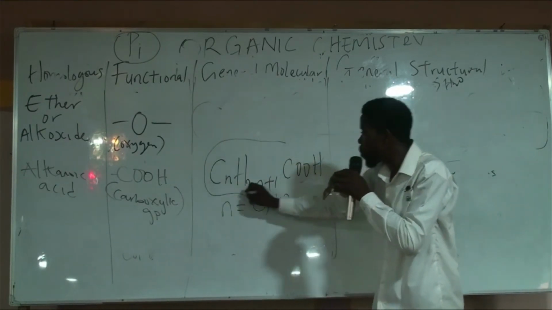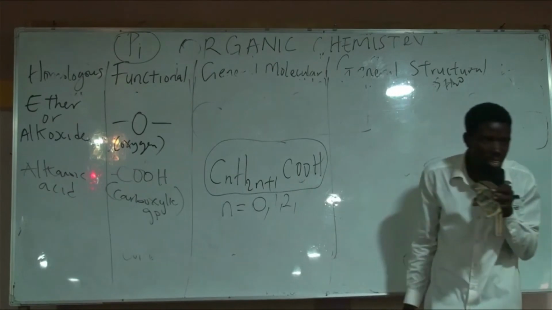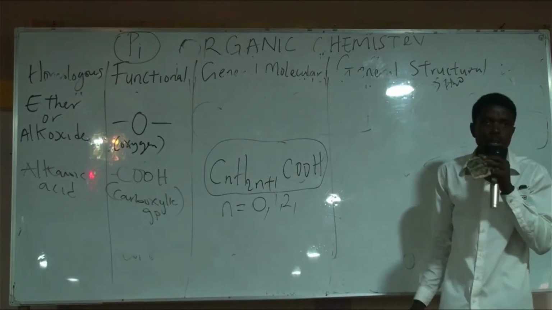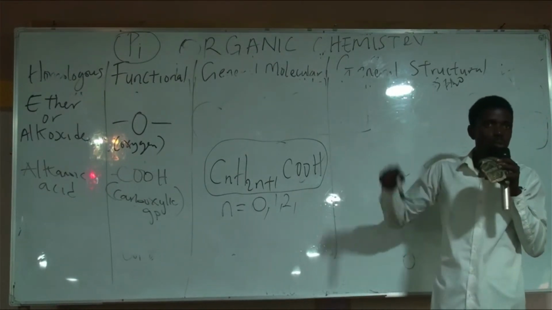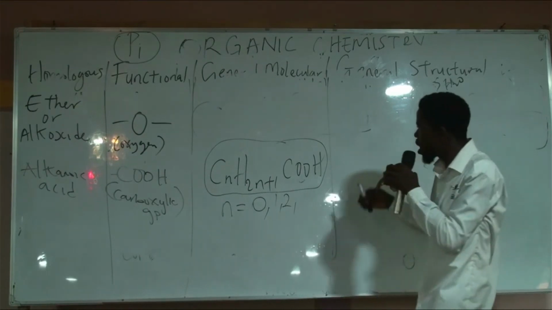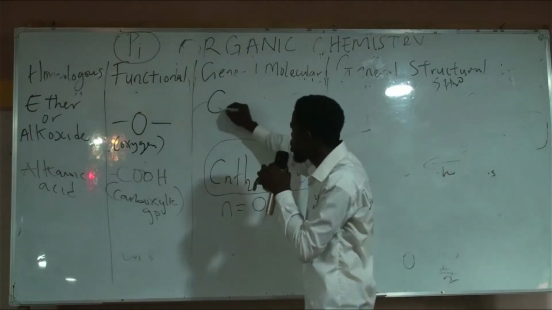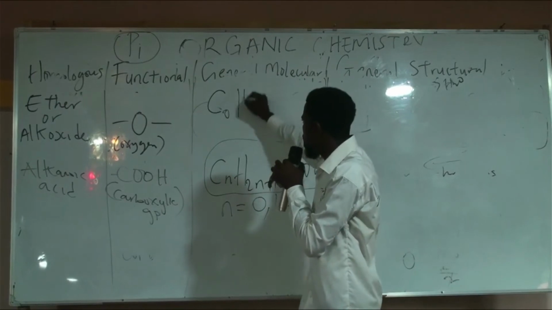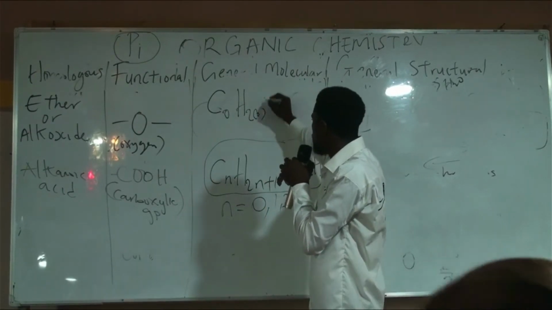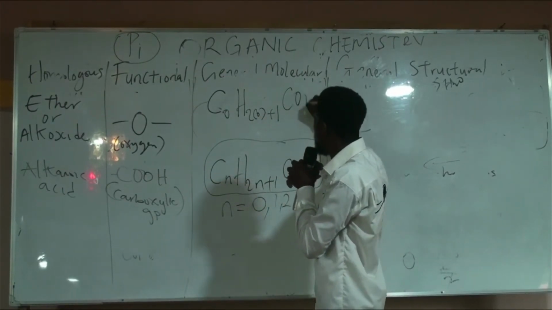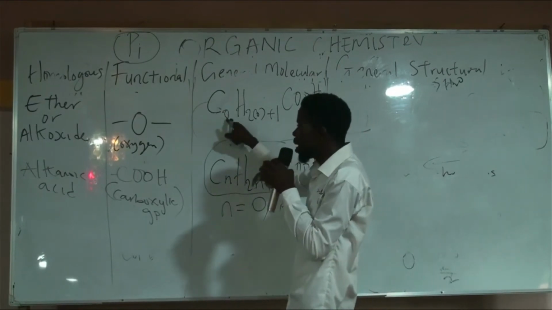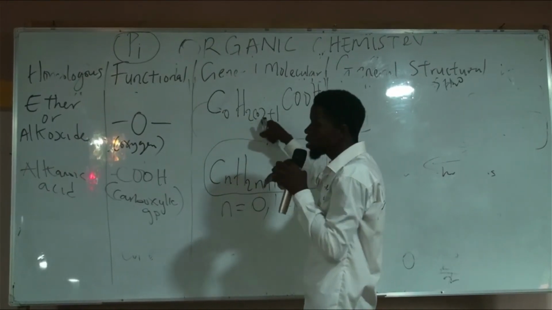Using this general molecular formula, the first one, which is methanoic acid, will be C0H(2 times 0 plus 1)COOH.